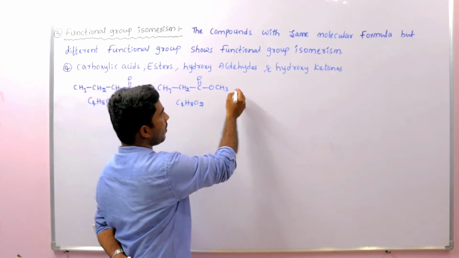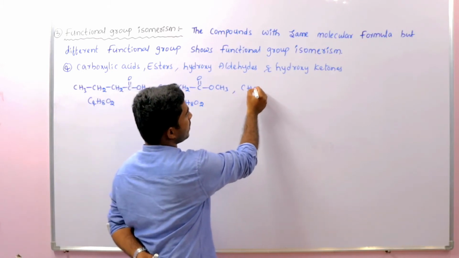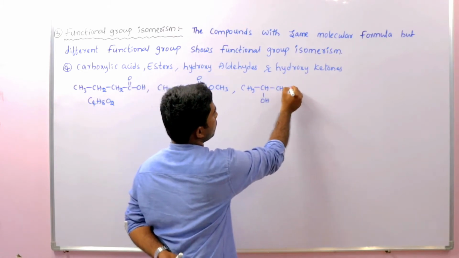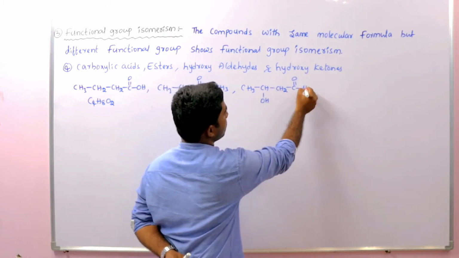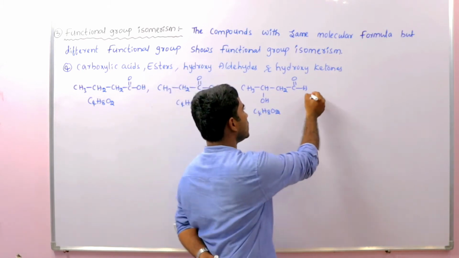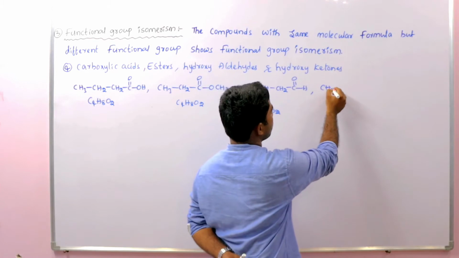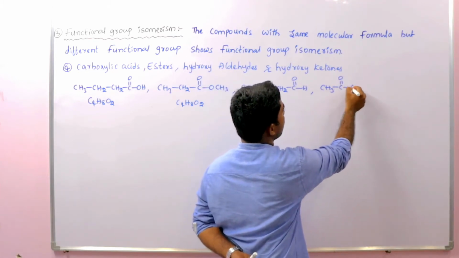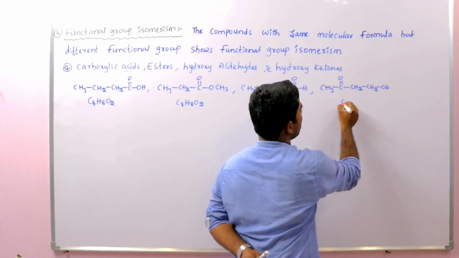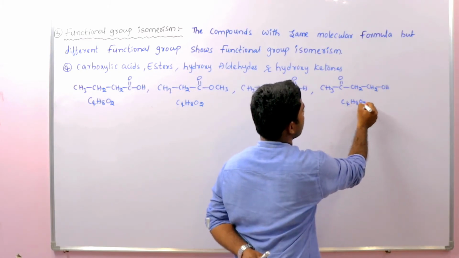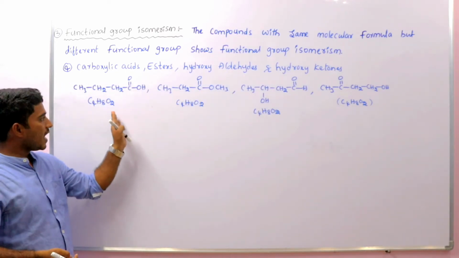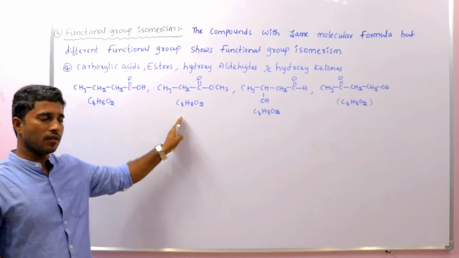Next, hydroxy aldehydes: CH3CHOHCH2CHO. Here also the formula is C4H8O2. Next one, hydroxy ketones: CH3COCH2CH2OH. Here the formula is C4H8O2. There are four types of compounds having the same molecular formula C4H8O2.